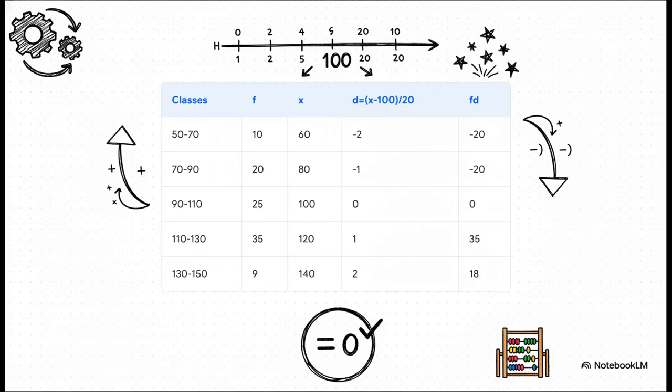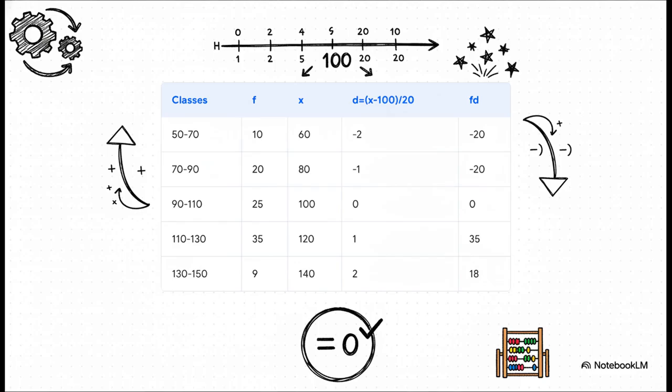Let's assume our mean is 100, taking the midpoint of that middle 90 to 110 group. We find our deviations by comparing the other midpoints to 100. Now, what's really interesting about this slide is what happens when we multiply our frequencies by these tiny deviations in the final column. Look at that. We get negative numbers at the top and positive numbers at the bottom.